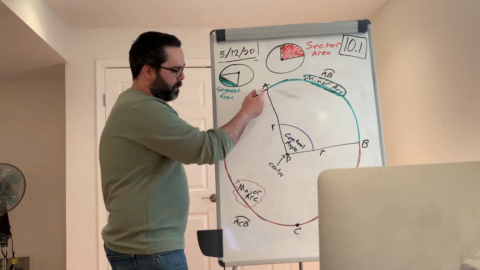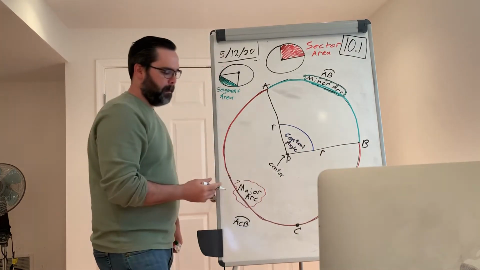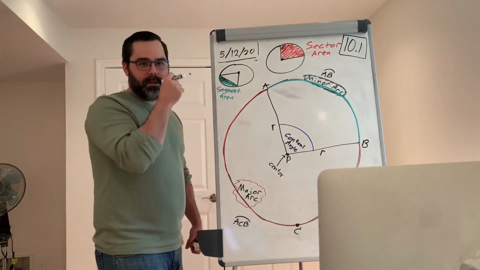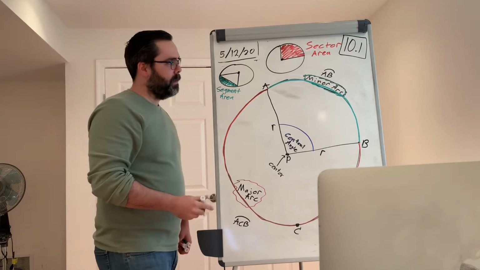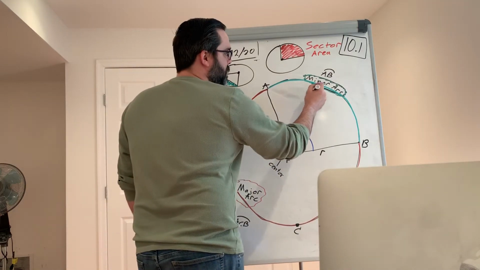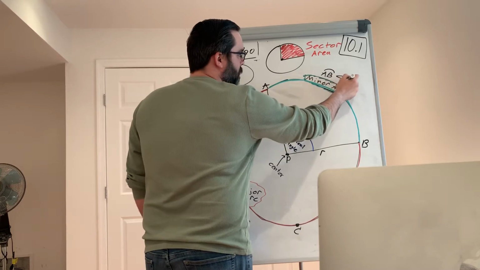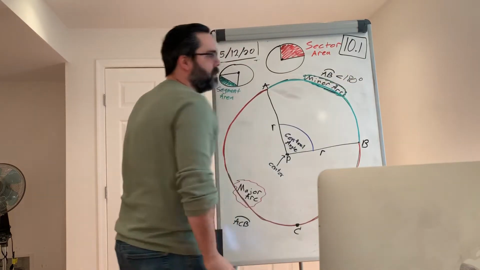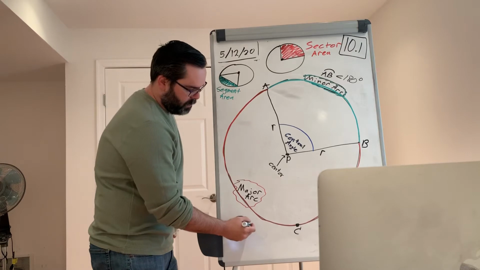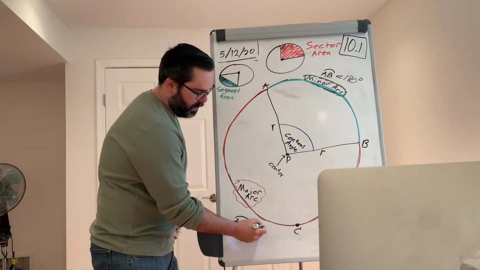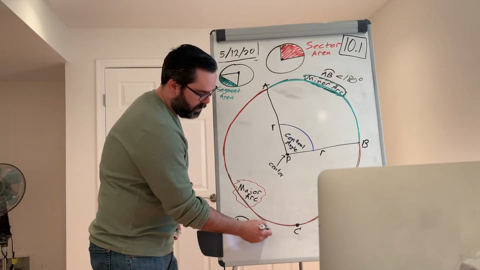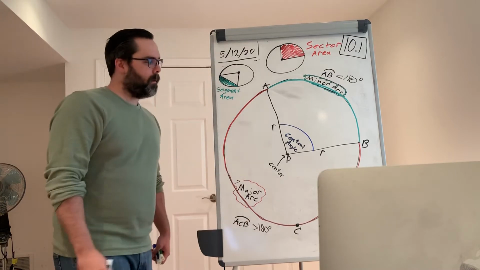And the corresponding one would be this red one here. This is called a major arc because it is more than 180 degrees.